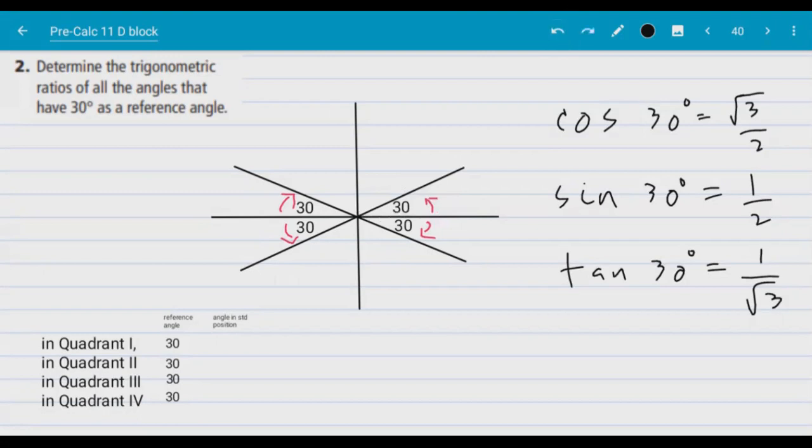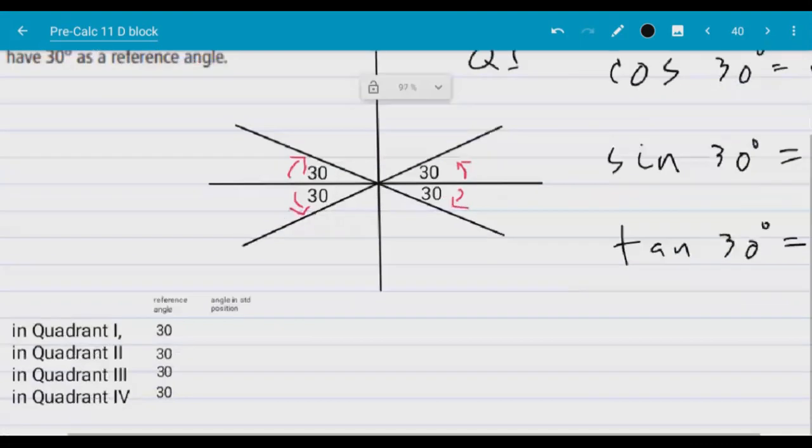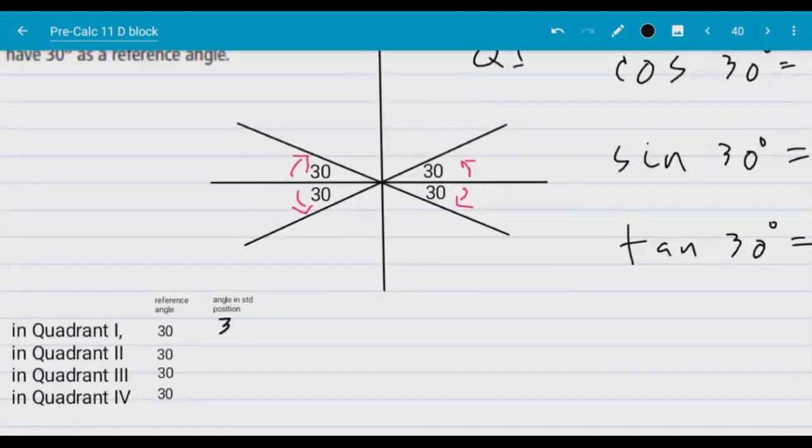That's 30 degrees. This is quadrant 1, right? In quadrant 1, the reference angle is also 30 degrees, and the angle in standard position is also 30 degrees, right? So if I fill this out, the angle in standard position is 30 degrees. The reference angle is the same.